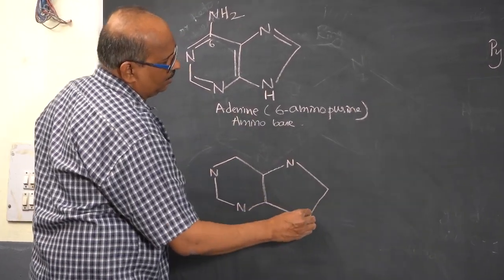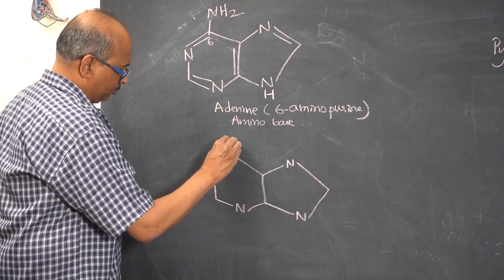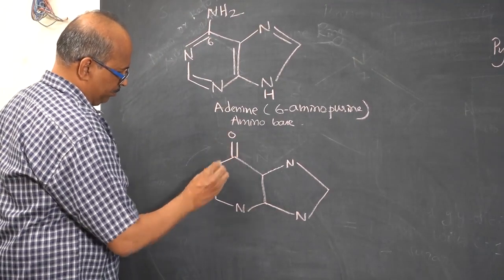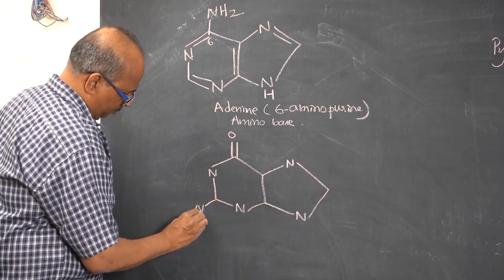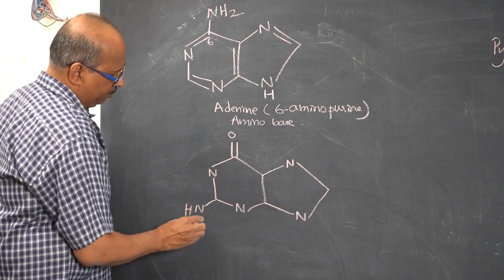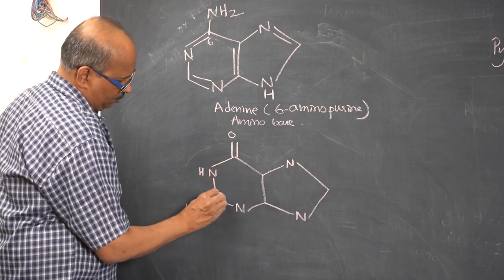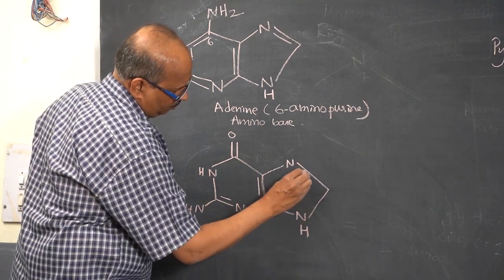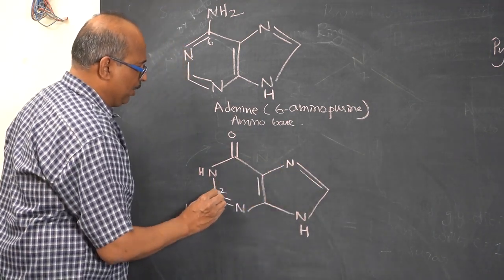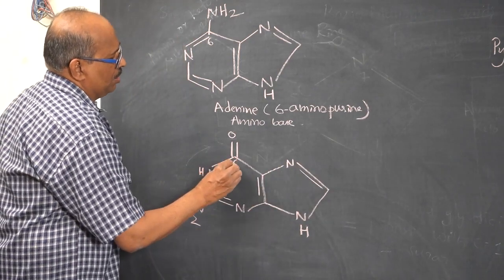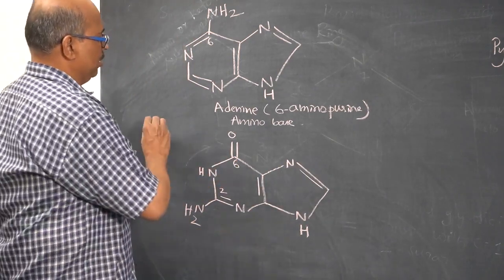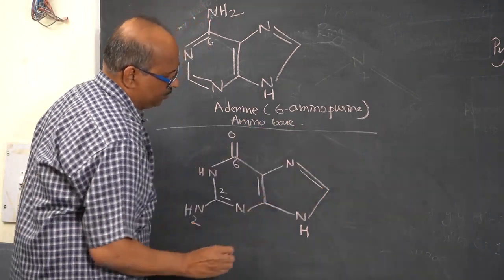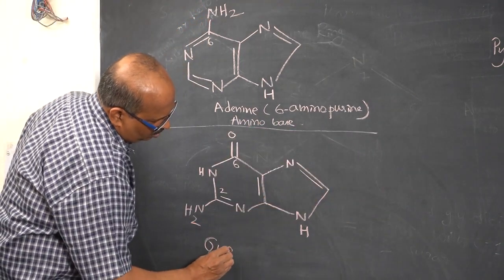It is the other purine. It's a keto purine, having an amino substituent at second position, keto substituent at sixth position. This we call guanine.